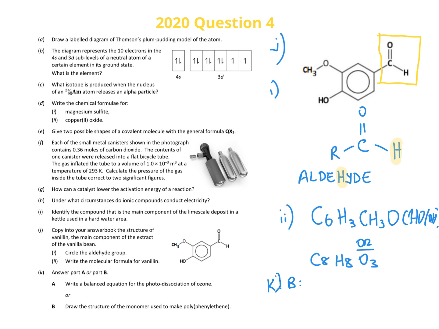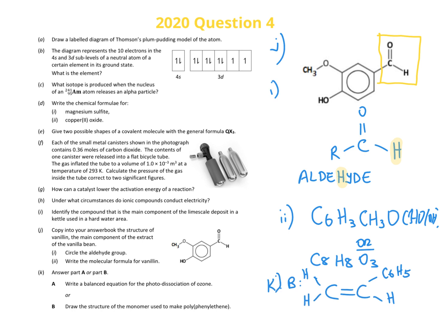So it's polyphenylethene. So we know that ethene is always going to be a C double bond C. And then it tells us that there is a phenyl group, so there must be a phenyl group off it. So a phenyl group is C6H5. And then the rest of the bonds around the carbon, knowing that it must have 4, can just be filled in as hydrogens.